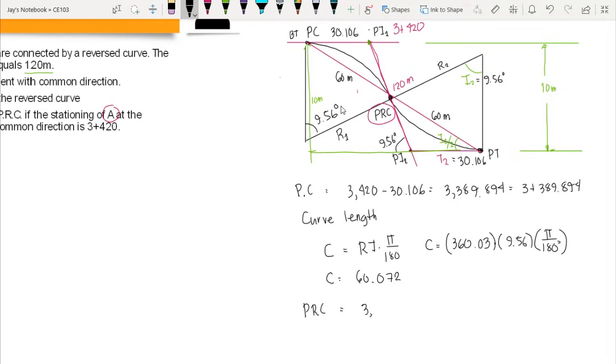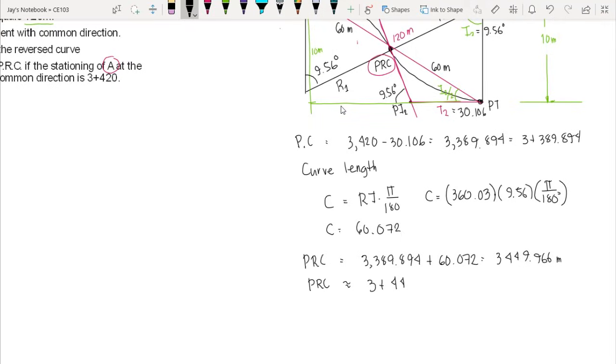So we have 3 kilometers, so we have 3,389.894 plus 60.072. This would give us 3,449.966 meters, or the station at PRC is 3 plus 449.966. So this would be our final answer for question letter C.